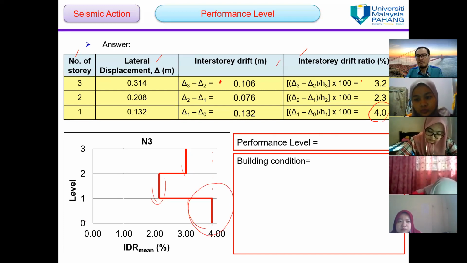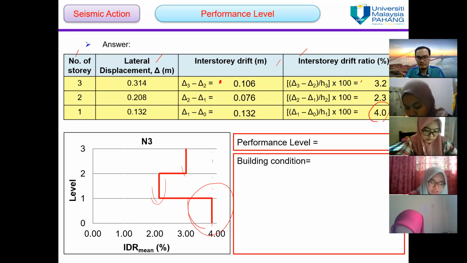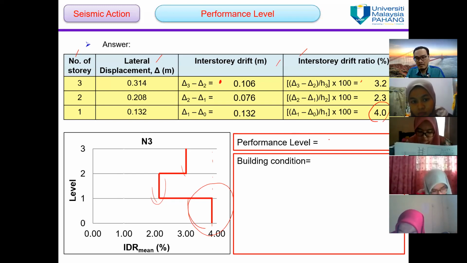So what is the performance level for this building? CP. What does CP stand for? Collapse prevention.